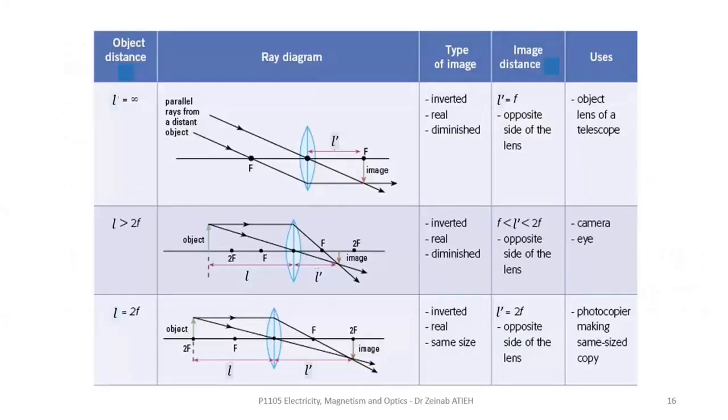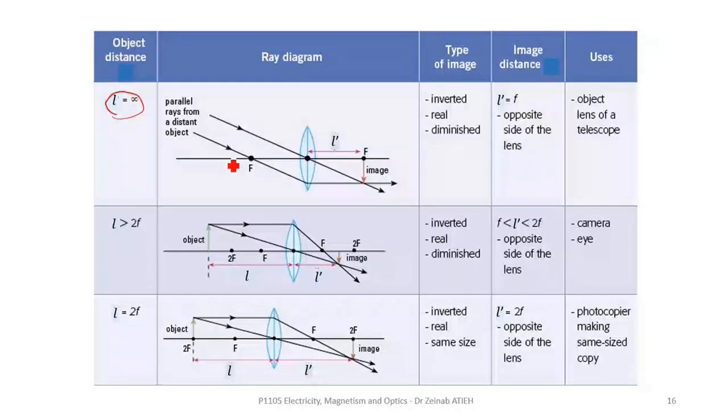I will pass rapidly through this to see different cases for a converging lens, and I will tell you what to keep in mind. But it's good to see it to be able to understand problems more easily. First, if light is coming from a very far place, meaning L equals infinity, the light will come parallel.